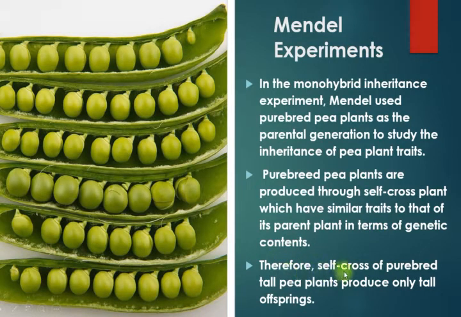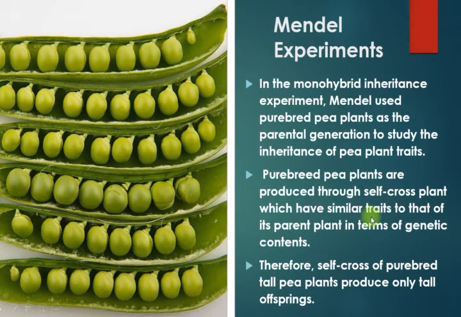Therefore, self-cross of purebred tall pea plants produces only tall offspring. So the purebred pea plants are produced through self-cross, kacukan sendiri, of plants that have a similar trait, pokok yang mempunyai ciri yang sama.